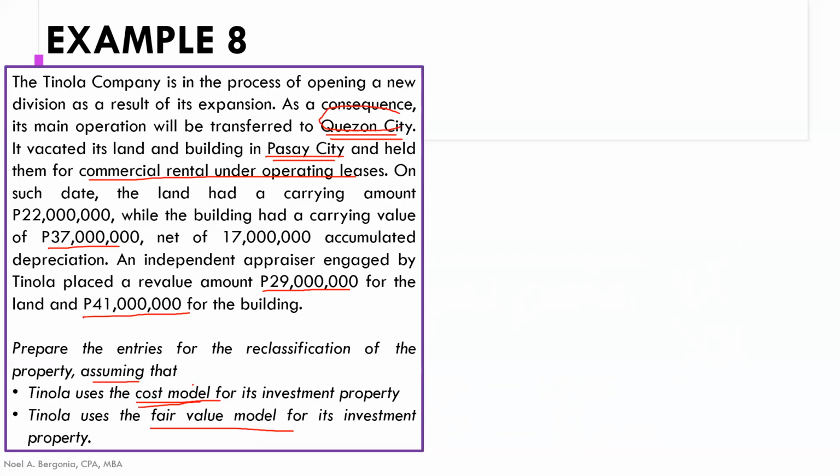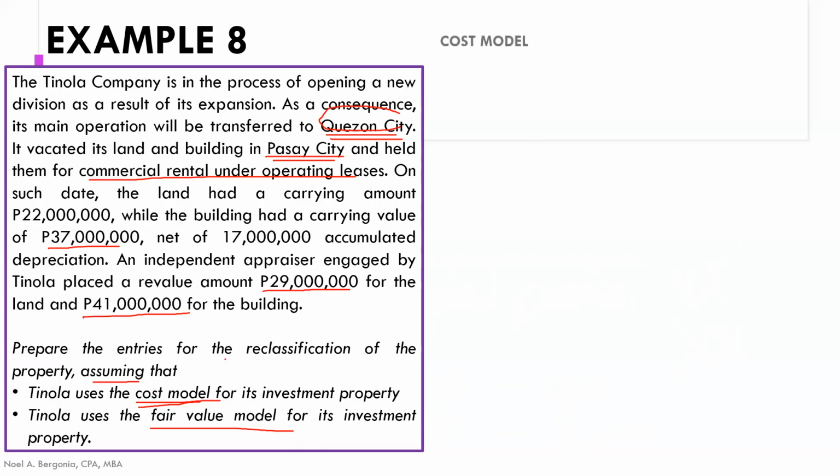So again, in the cost model transfer from land and building to become an investment property, na dati po ay owner occupied, walang pinagkaiba, di ba? Sabi natin kanina, the previous carrying value will also be the carrying value if we use the same cost model.